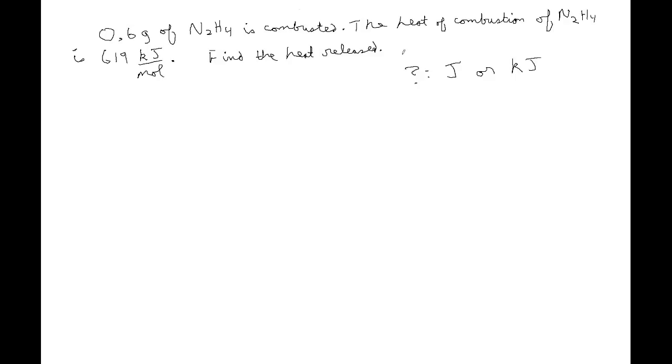Well, I think my first step is right, where I took 619 and I divided it by 32 grams per 1 mole to cancel the moles of N2H4. And then I get 19 kilojoules per gram.